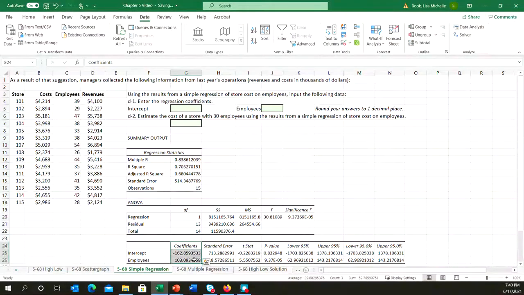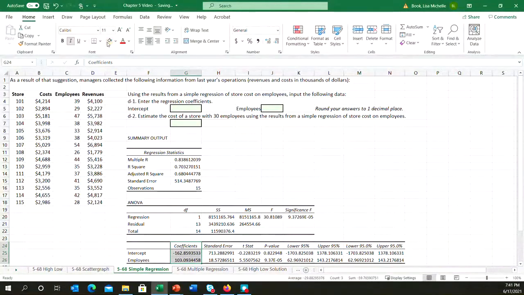To solve the rest of the problem, I'm looking for the information towards the bottom, and I'll go ahead and highlight that. What are the coefficients for the intercept? That's going to be our fixed cost. And then also, what's our coefficient for employees? Again, that's going to be our variable cost per unit. But what's powerful about this is, compared to the high-low, we again use all the data points, so that's much more powerful than just using two extremes.